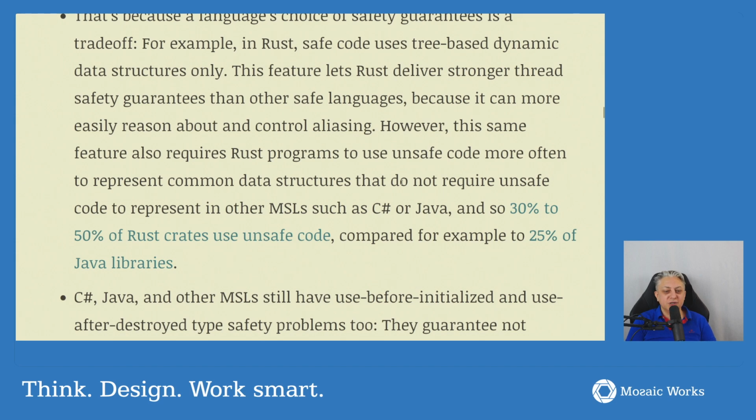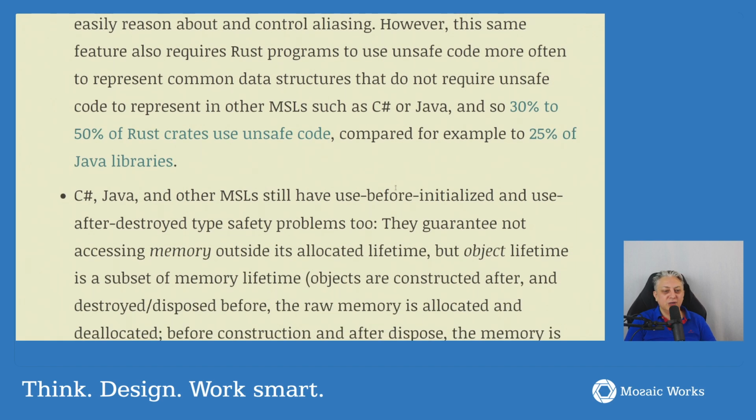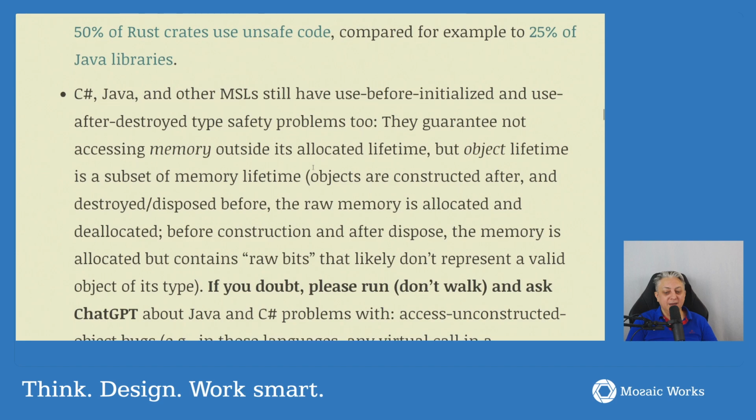However, this same feature also requires Rust programs to use unsafe code more often to represent common data structures that do not require unsafe code to represent in other memory-safe languages such as C# or Java. And so 30 to 50% of Rust crates use unsafe code compared, for example, to 25% of Java libraries. Yeah, so you see, you always have a trade-off. And I think that's a bit of a problem.